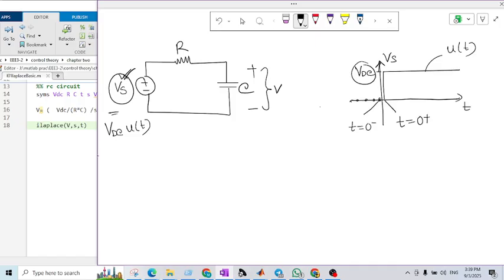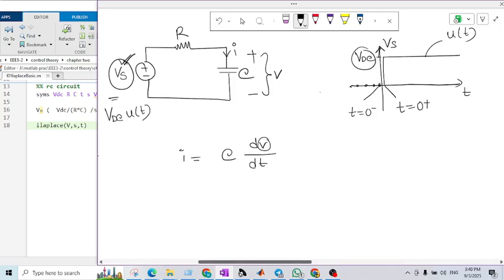Well, now let's see the current across this capacitor. So the current across this capacitor, I is equal to C dV by dt. This V is the voltage across this capacitor. Now if you observe, this current is also flowing through the resistor.